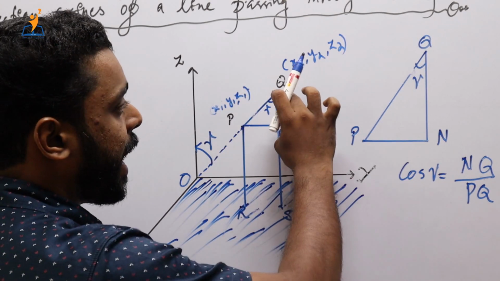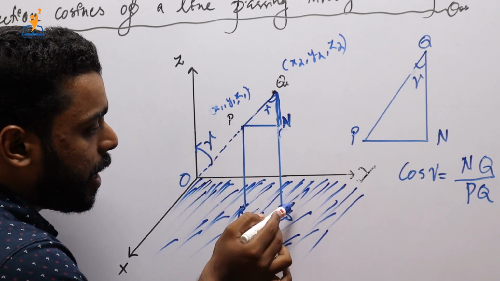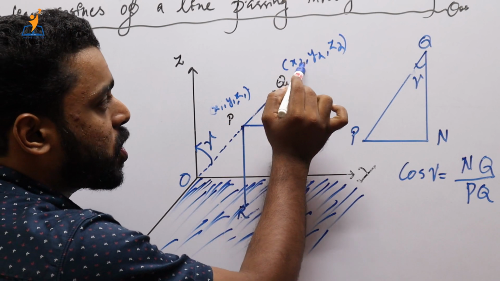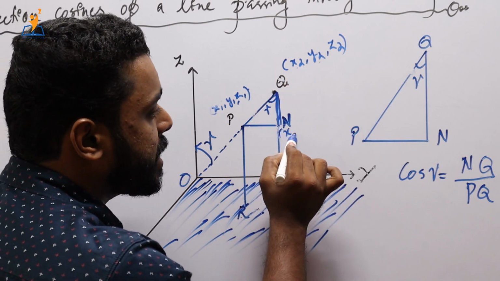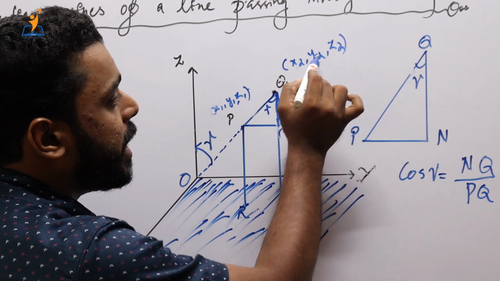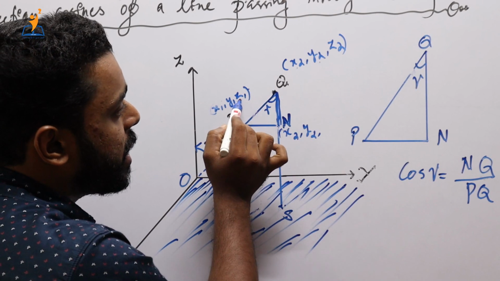Always observe that NQ is the line which is perpendicular to the XY plane. So the coordinates x2 and y2 will be the same for the point N also. But z2 will vary. What will be the change in z2 here?